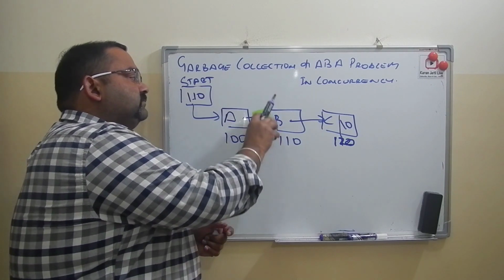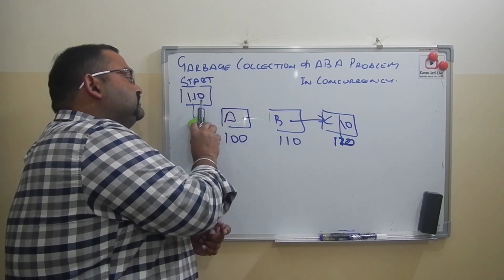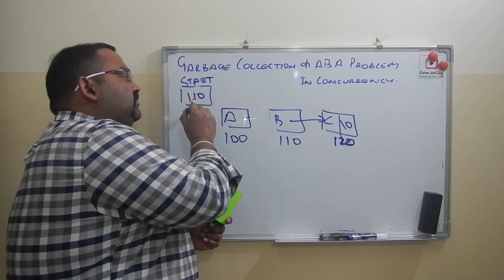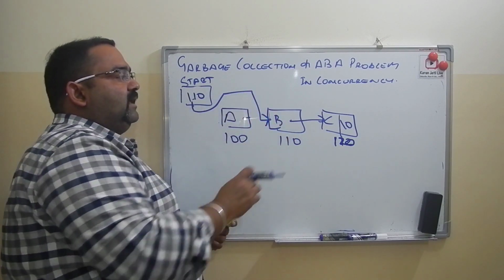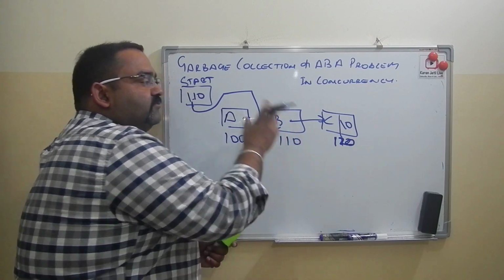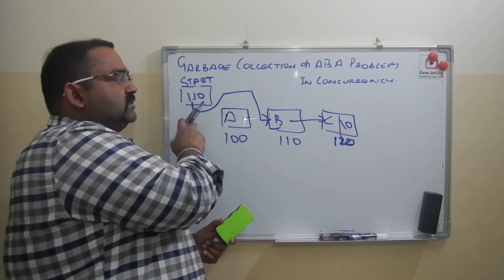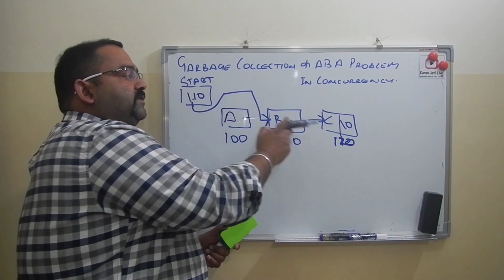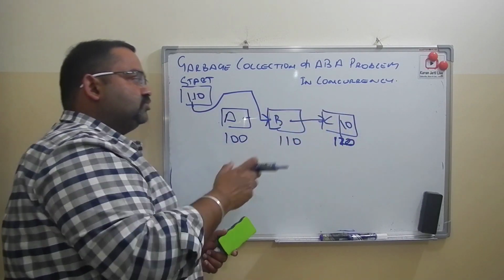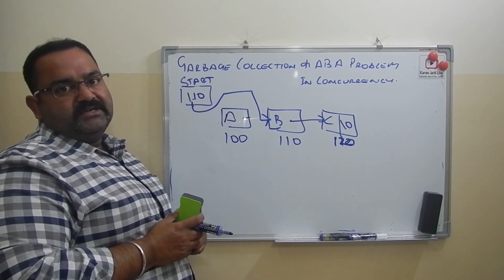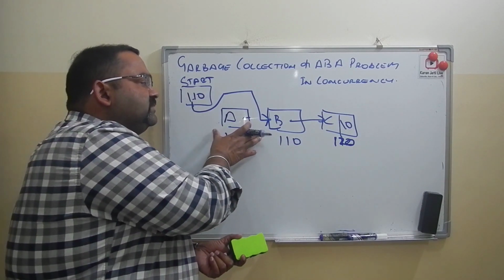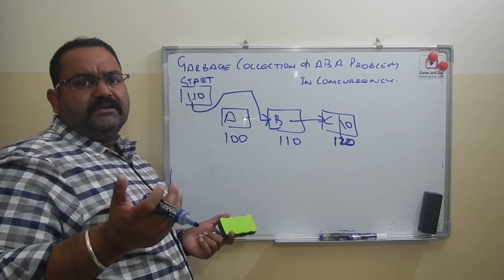So instead of pointing to A, start will point to B, and my linked list will start from B. You go to start, the first node is 110, then 120, and so on. A gets deleted from here. Now this is a deleted node.